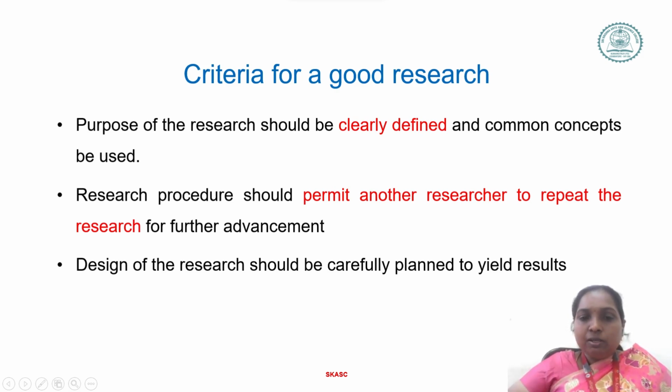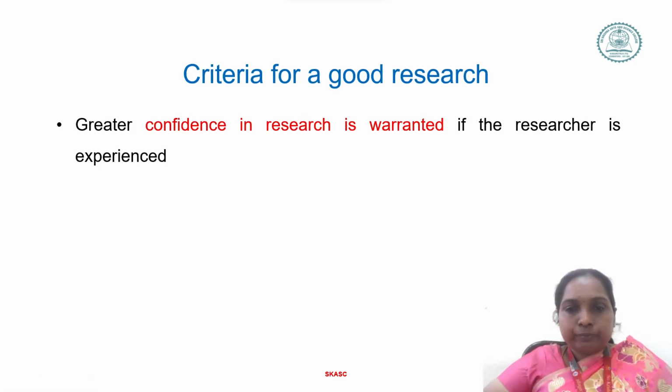The next one is the procedure, right? Whenever I am choosing a procedure or method for my analysis, it should be repeatable by me with the same level of understanding and speed. If you choose one method once and another method another time, the results will not be consistent or fruitful. Research should be carefully planned and give the actual result you are expecting.